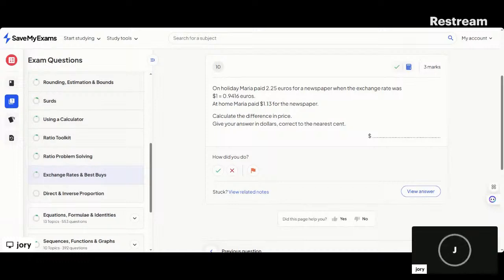So 2.25 divided by 0.9416 equals 2.389549703, and then this number minus the 1.13 gives you the difference in price, which is 1.259, 1.26.